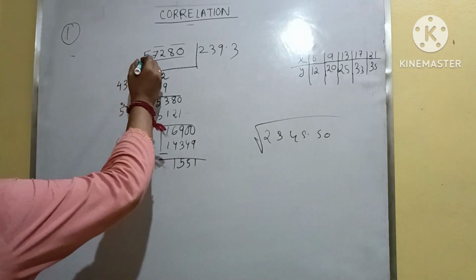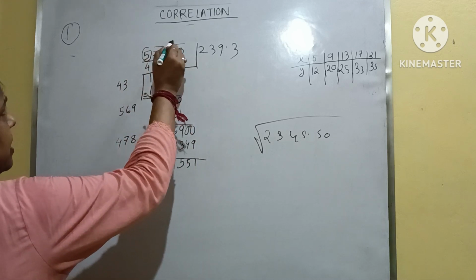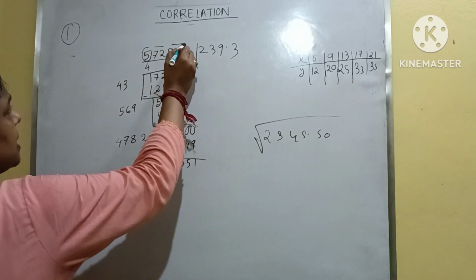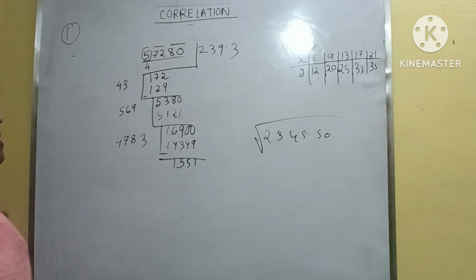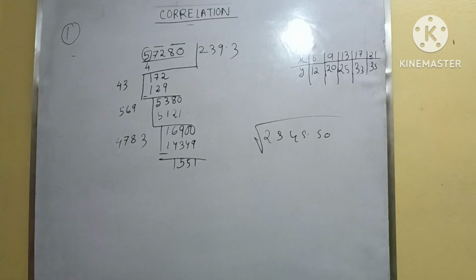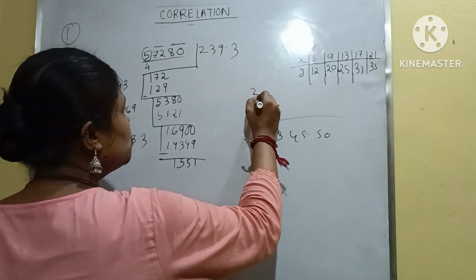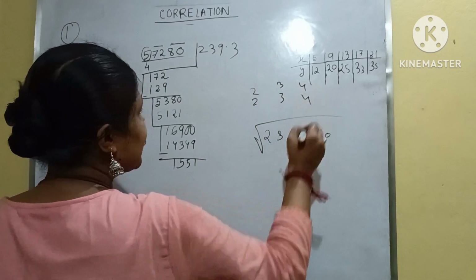Here first we have to make pairs of digits, starting from the last one. So here the first one is single, and the calculation starts with a double number, that means 2, 2, 3, 3, 4, 4, just like that.